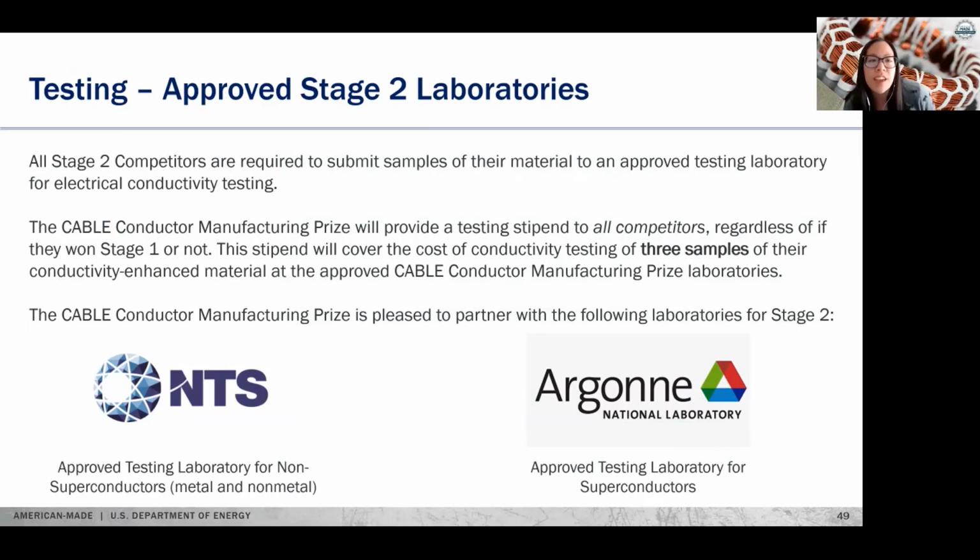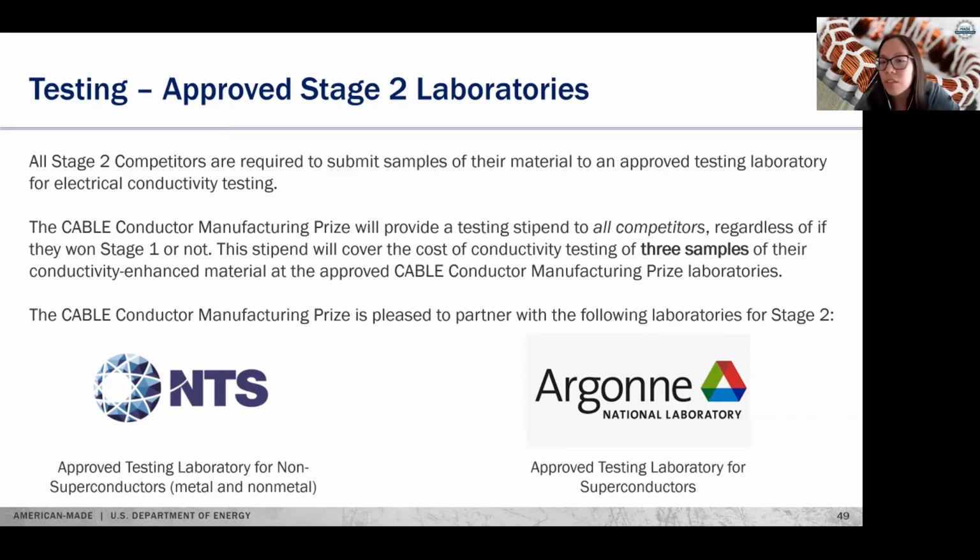Well, testing is obviously a huge part of stage 2, and there are 2 approved laboratories that you can use. You're definitely required to submit these samples of your materials to one of these approved laboratories. So CABLE Prize is offering a testing stipend to all competitors, whether or not you won stage 1 or not.